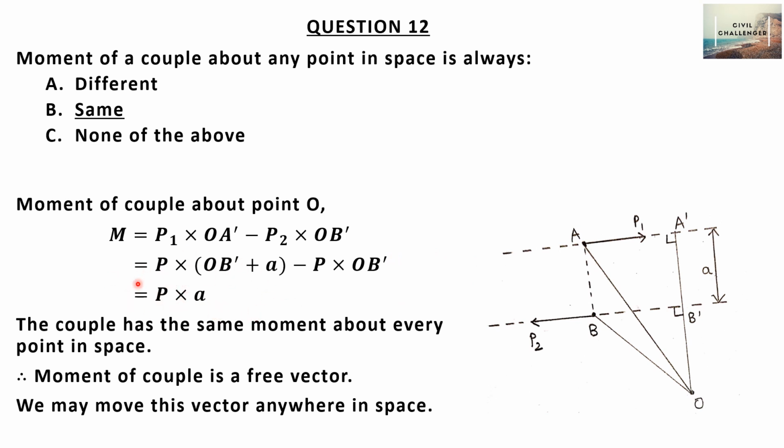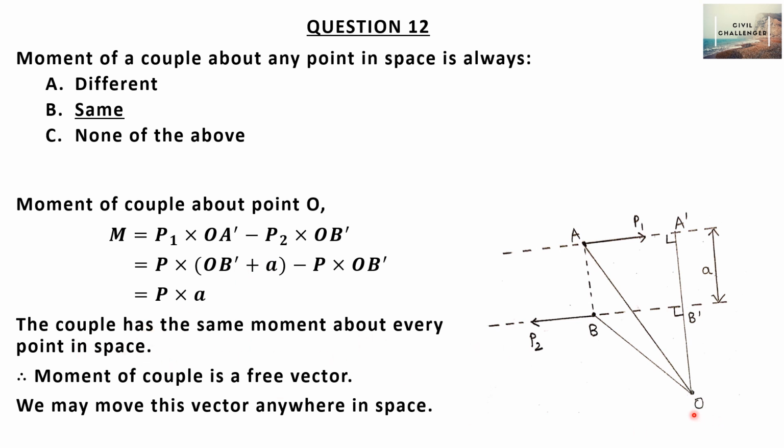Now this equation does not have any parameters that tell us that there is a point. Okay, if there is a point, we have coordinates, right? But the equation of moment of couple does not include any parameters that connect it to a point. Okay, which means that the couple has the same moment about every point in space.